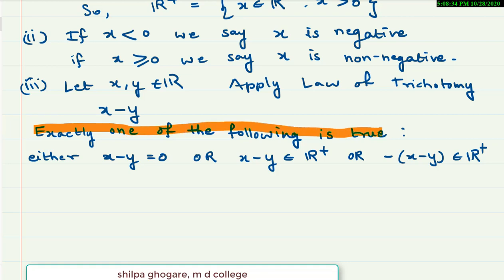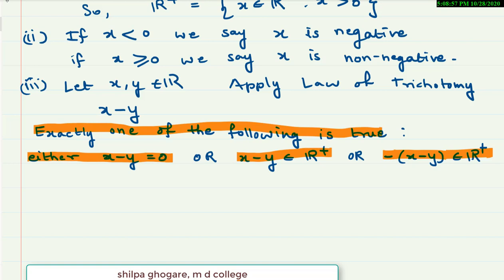Now this is in the line of law of trichotomy which we have seen earlier. But there it was real number X. Now my number is X minus Y. So what we have is either X minus Y is 0, or it belongs to R plus, or its additive inverse, that is minus of X minus Y, belongs to R plus.